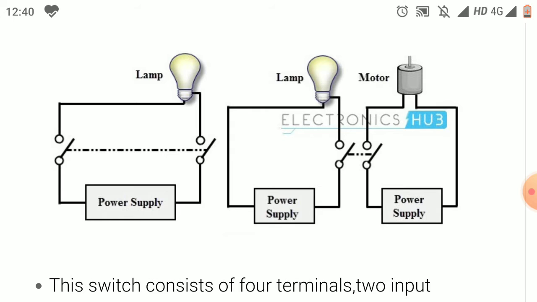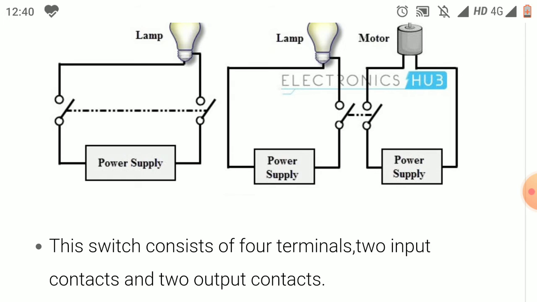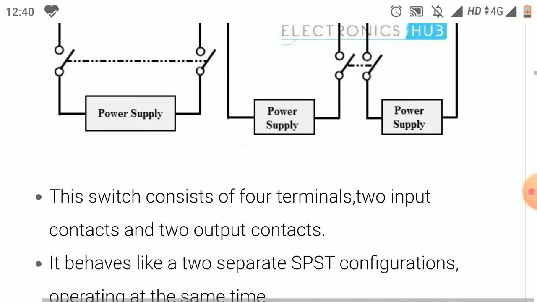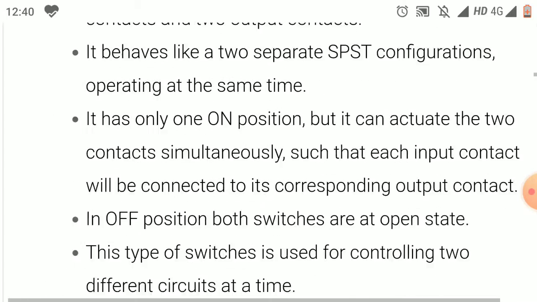But there is only one throw commonly given to the two poles. That is, when the switch is closed, or operated, both the lamp and motor will turn on. When the switch is turned off, then both the lamp and motor will be disconnected from the supply.